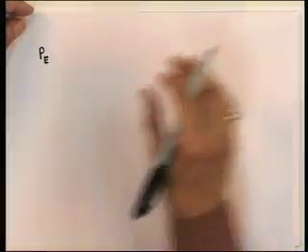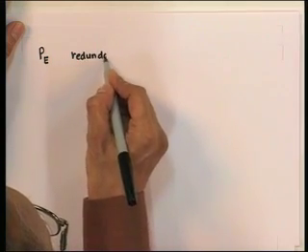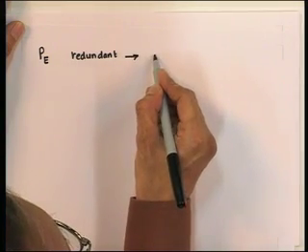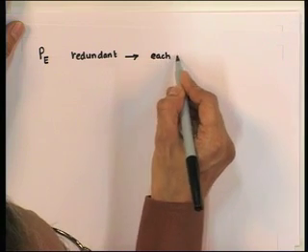The trouble with this scheme is that it is inefficient because we are adding redundant or check digits to each information digit.